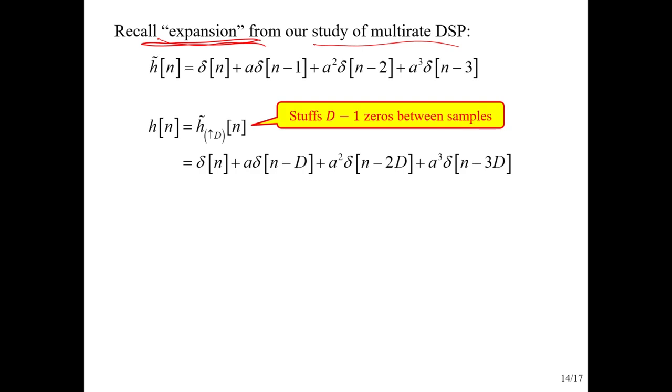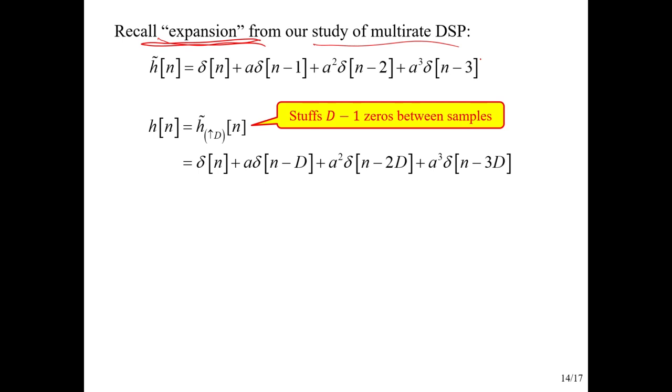It didn't really increase the sampling rate, but it stuffed in some zeros to create holding positions for the ultimate correct samples that would be created through the image suppressing filter that follows the zero stuffing. So if none of that makes sense, go back and look at our very first note set on multi-rate DSP.